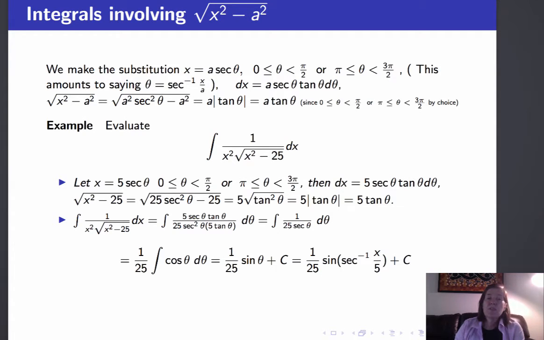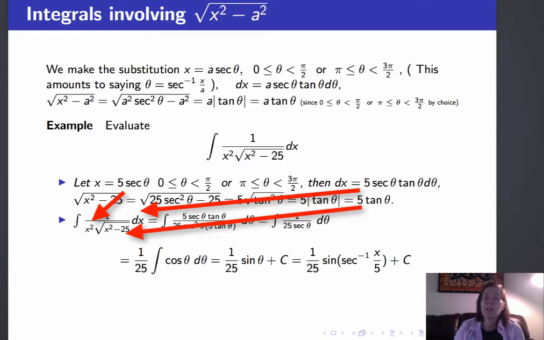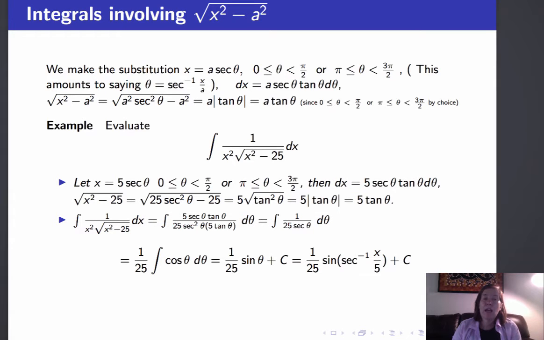And now replacing everything in the integral by its expression in theta, we get our integral is equal to dx, which is 5 times secant theta tangent theta d theta, divided by x squared, which is 25 secant squared of theta, times the square root of x squared minus 25, which is 5 times tangent of theta.